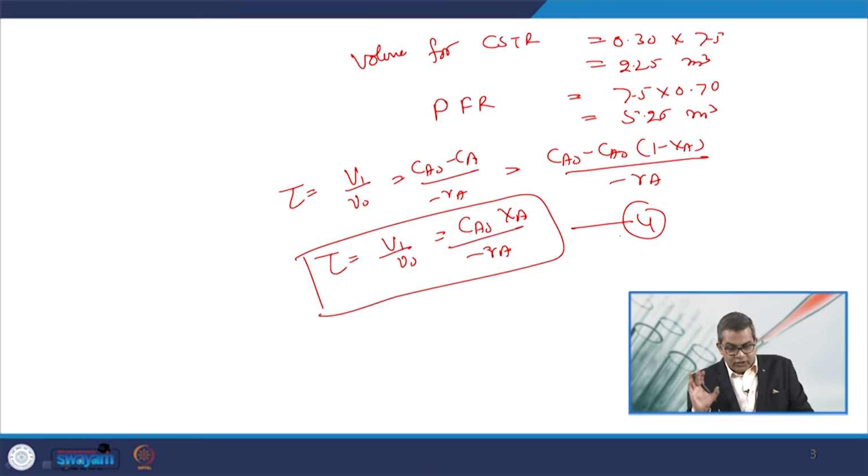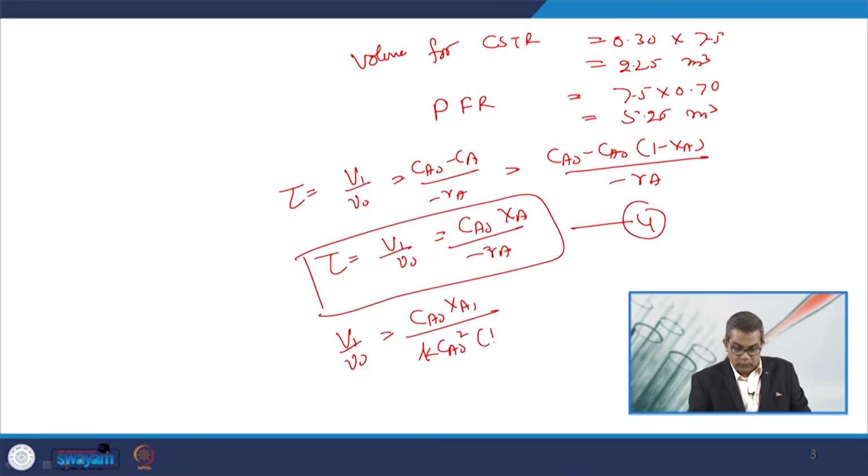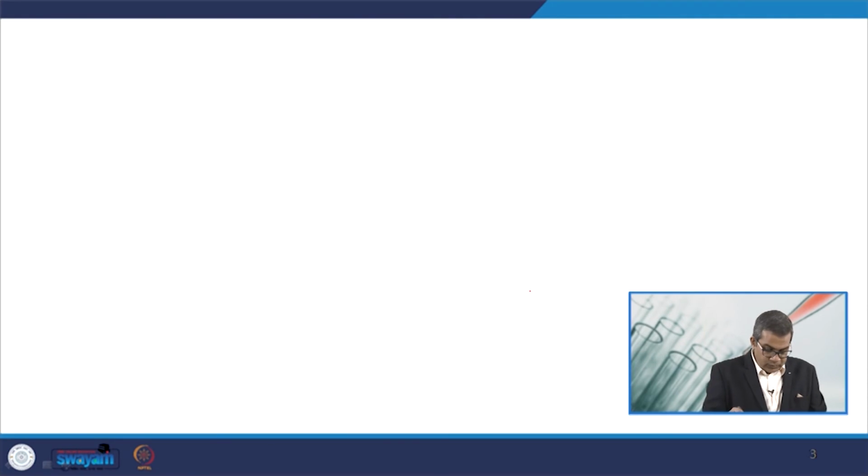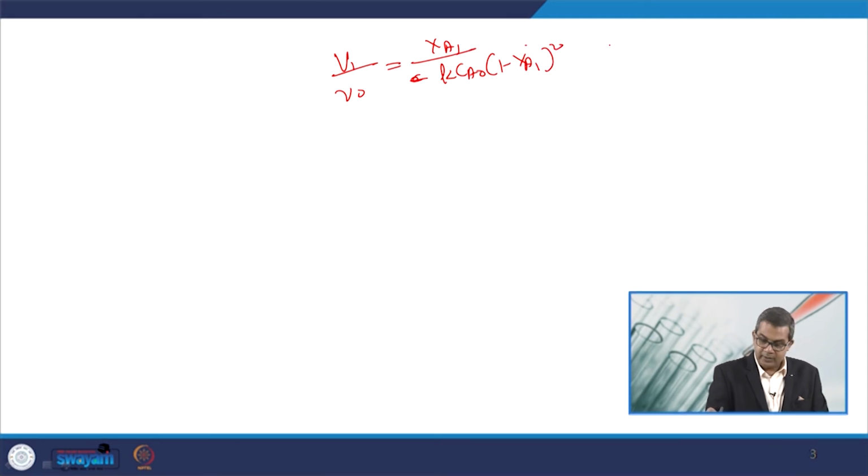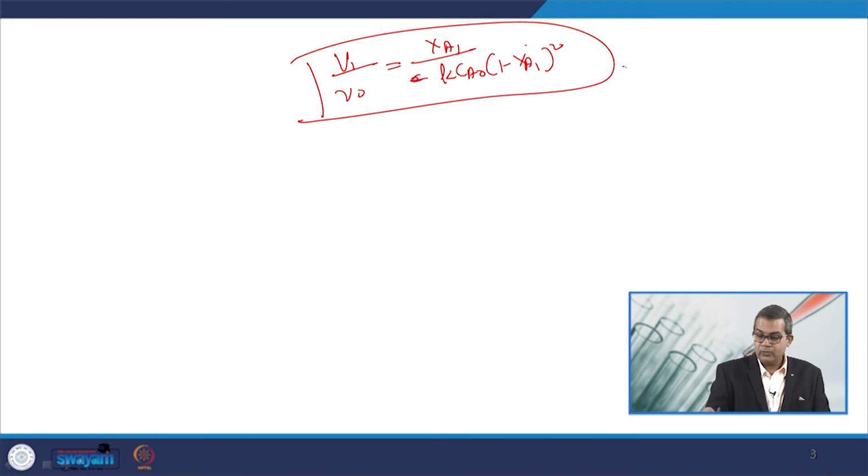So, from equation 1 and 4 we have V1 upon V naught is equal to Ca naught Xa1 upon K Ca naught squared (1 minus Xa1) squared. So, V1 upon V naught is equal to Xa1 upon K Ca naught (1 minus Xa1) squared. That is my equation number 5.